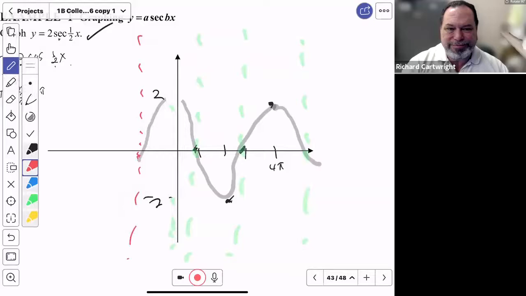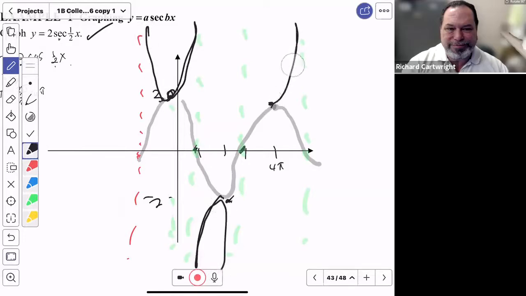Okay, so at that mountaintop, I graph that. At the peak, I graph that. And it would be nice to put some of those numbers. You know I was going from 0 to 4 pi. So that must mean this was 1 pi, 2 pi, 3 pi.